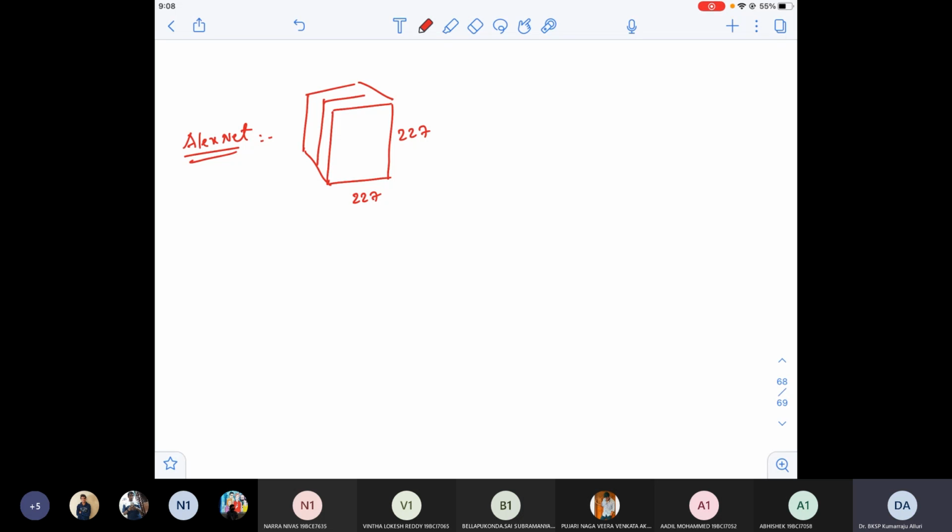Now to this input image, you remember we have applied 11 by 11 filter across the 3 channels.